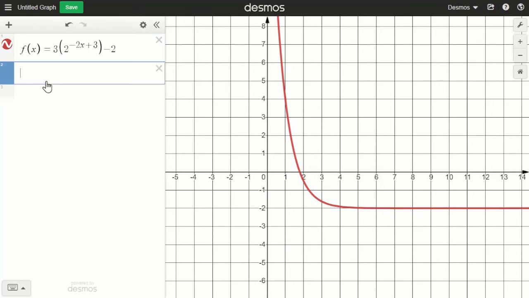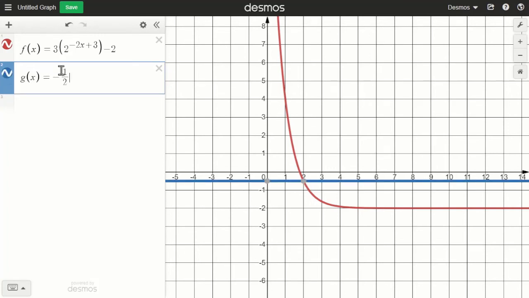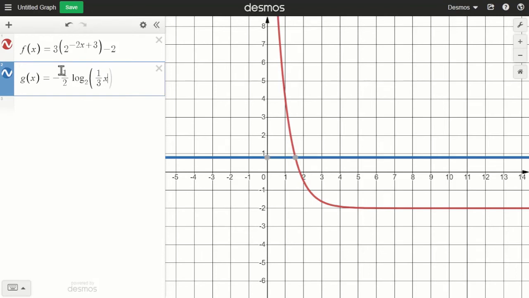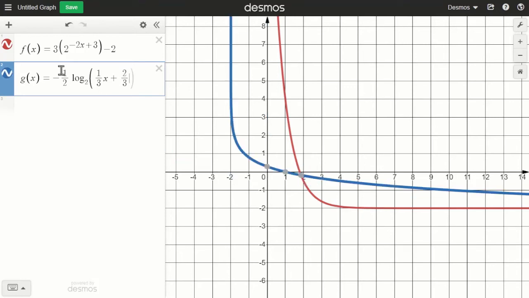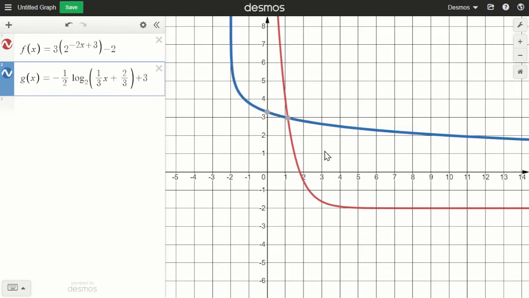And the logarithm that we have just found, which I claim to be the inverse of this one, the graph that was in blue that we saw earlier, g of x equals minus 1/2 log base 2, and inside of that is the linear expression 1/3 x plus 2/3. We can see that the graph keeps popping out, being so alike to what we've seen earlier already. And now we are going to add a 3/2.